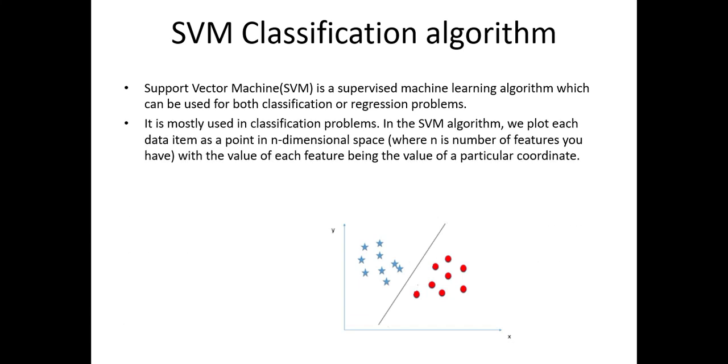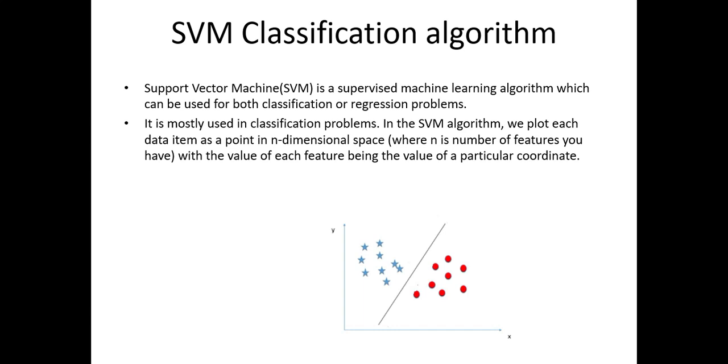In the SVM algorithm, we plot each data item as a point in n-dimensional space, where n is the number of features you have, with the value of each feature being the value of a particular coordinate. So here the n number of features could be 2, 3, up to n, and the dimensional space would be based on the features.